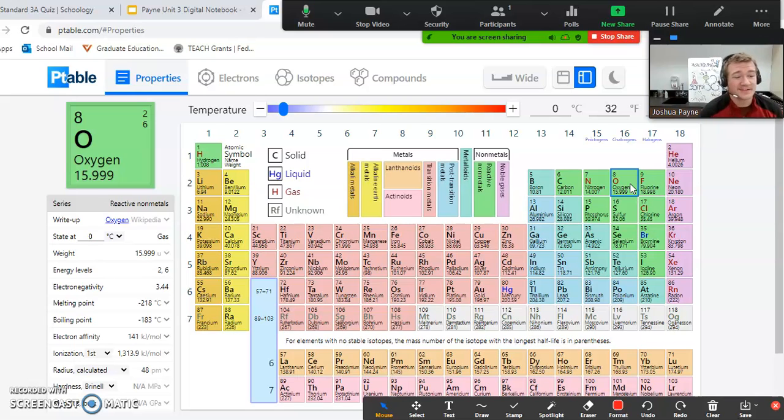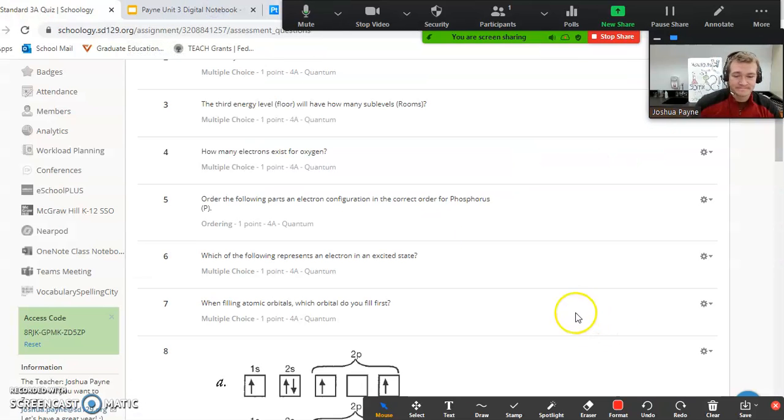Well, that number 8 is its atomic number. That means it has 8 protons. Oxygen always will and always has had 8 protons. That will never change. But when we're talking about electrons, and it's neutral, we need that to balance out. Our protons must equal our electrons to make a neutral atom. So there are 8 electrons in a neutral oxygen atom. No charge.